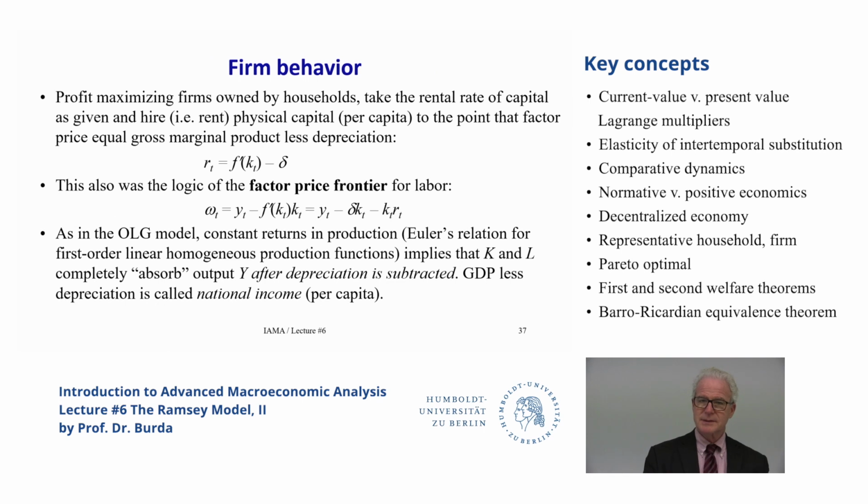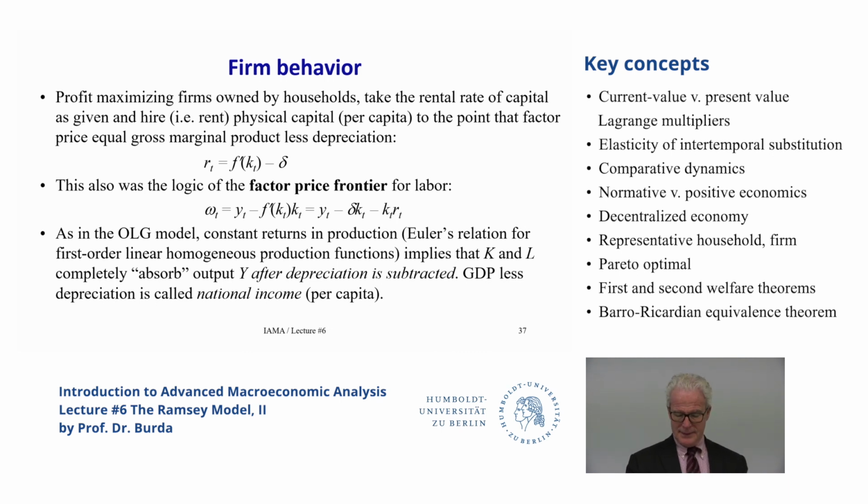Now, there are firms in this decentralized economy that we haven't talked about in detail, but in fact, these firms basically take prices of the factors of production as given. So they hire labor and capital at rates omega and R, and this is exactly what the factor price frontier was before in the OLG analysis.